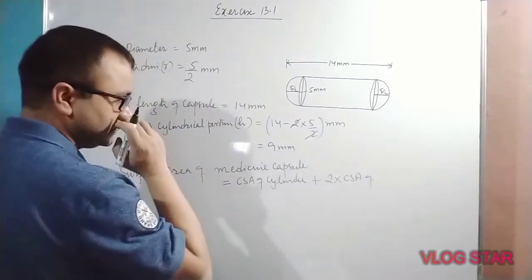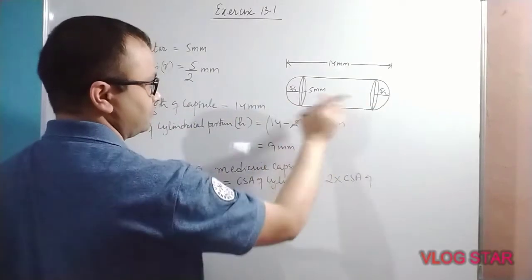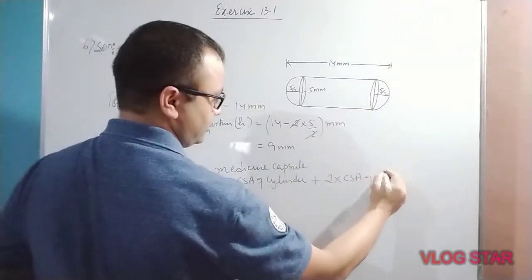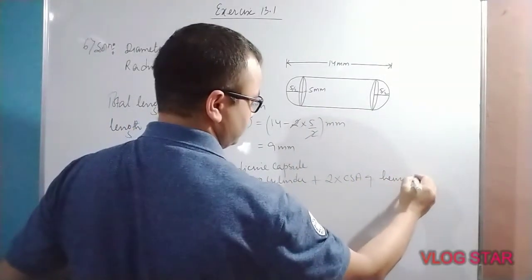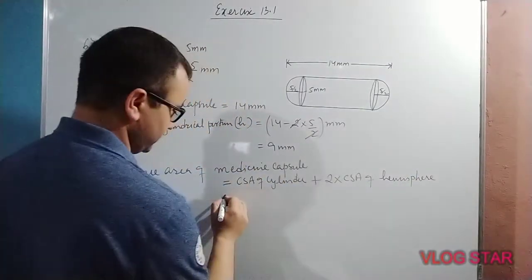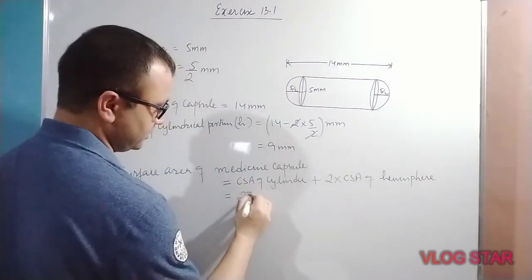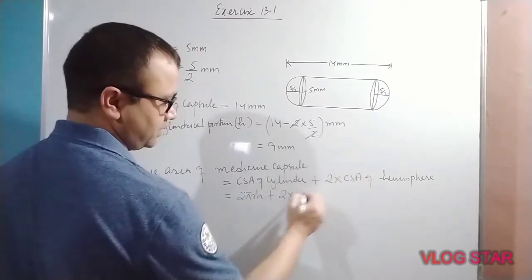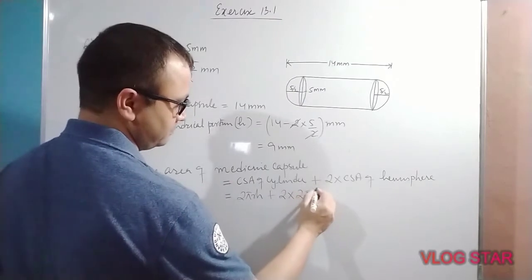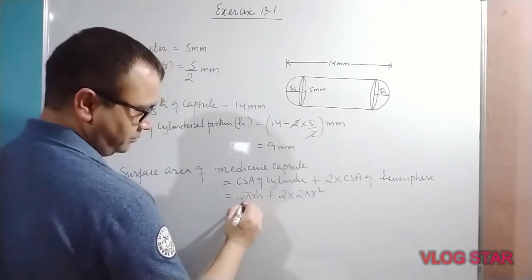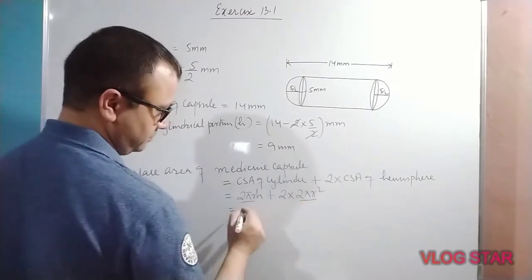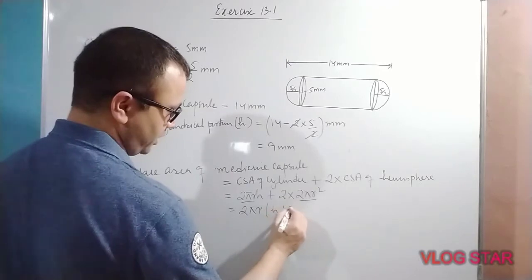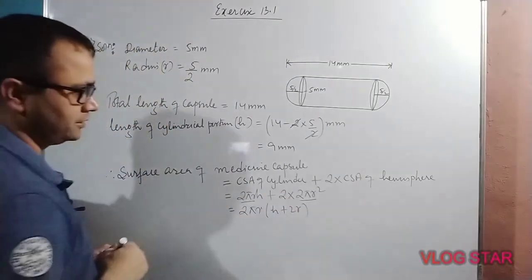Why 2 into? Because the end sides are hemispheres. Now CSA of cylinder is 2 pi r h, plus 2 into, what is the CSA of hemisphere? It is 2 pi r square. Now we can take 2 pi r common, h plus 2r is left inside the bracket.